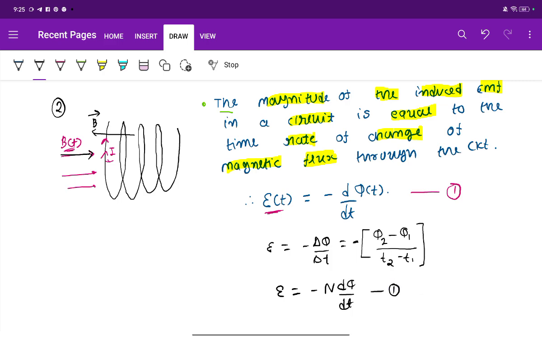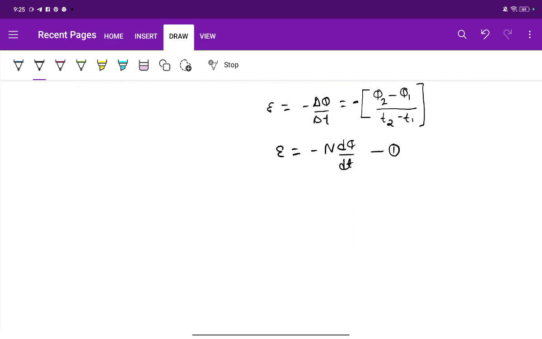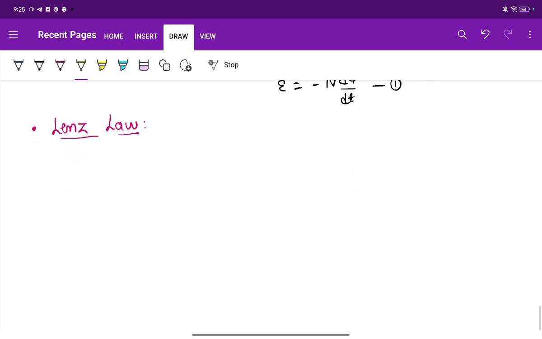Now let's understand Lenz law. So what is Lenz law? The direction of induced EMF and hence the direction of induced current in a closed circuit.